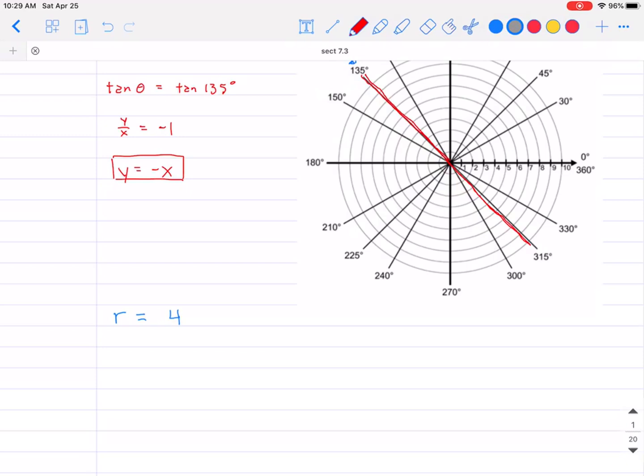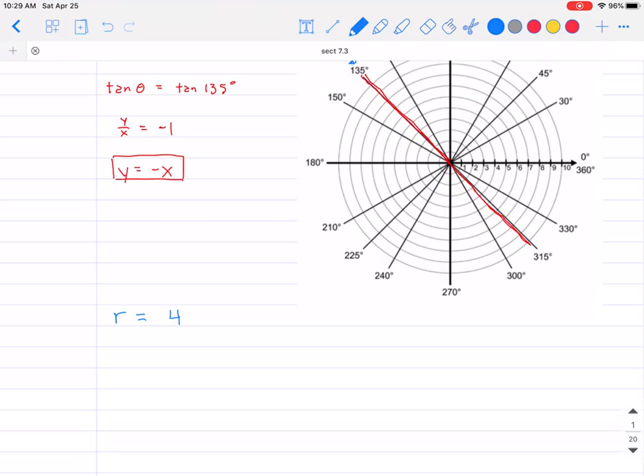Now, let's try to graph r is equal to 4. For r is equal to 4, it's the same idea as theta is equal to a number, so the graph in this case is going to be somewhat unique also. r stands for radius, so your radius is always equal to 4, and it doesn't matter what theta is equal to. Those are your only two variables.